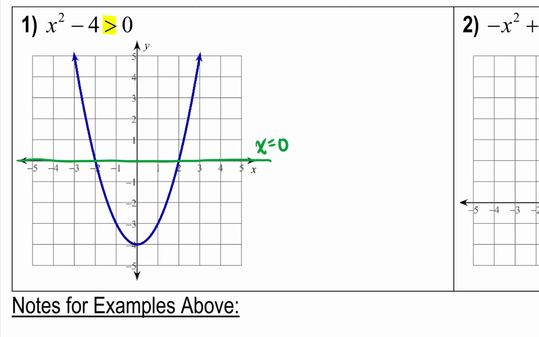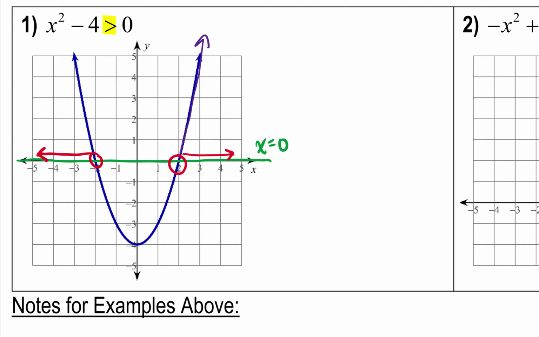So if I want to be above that, if I look at my graph, notice that I'm above 0 starting at -2 going this direction, and from +2 going this direction. From +2 it's going to keep going up no matter how far right I go.